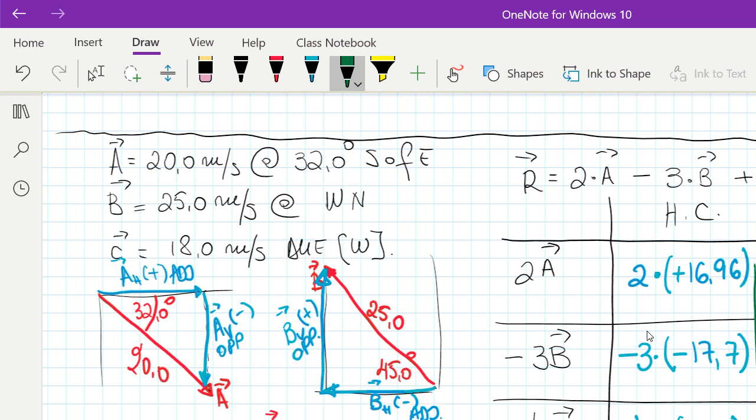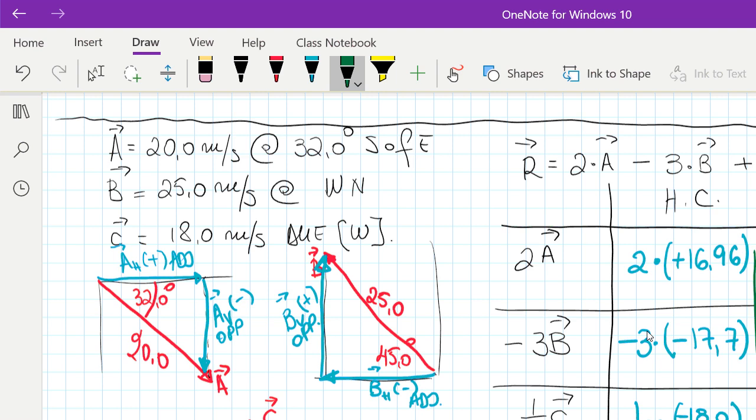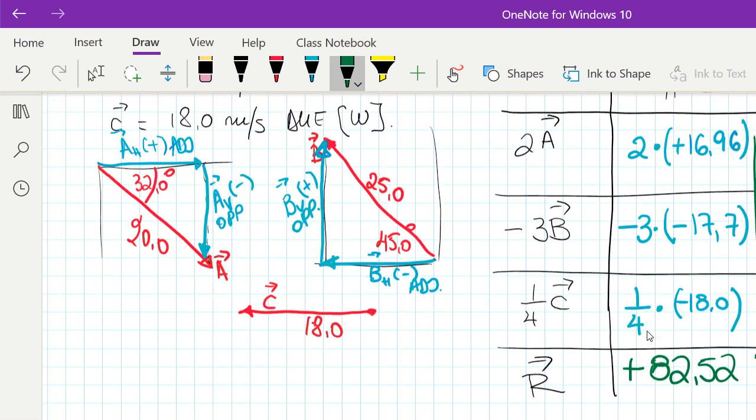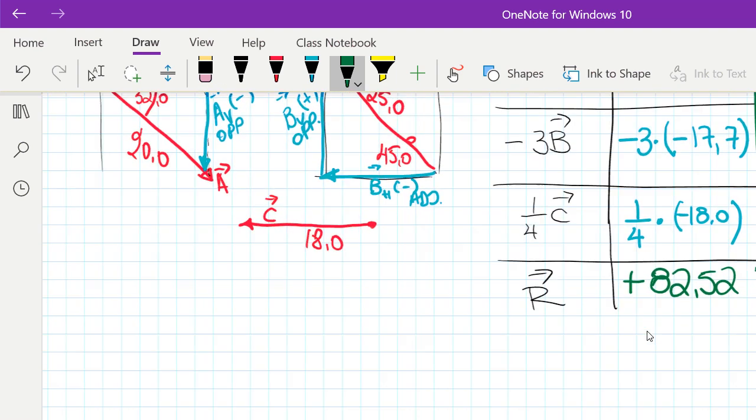So negative 74.3. Those two numbers are giving you the horizontal and the vertical component of the resultant.